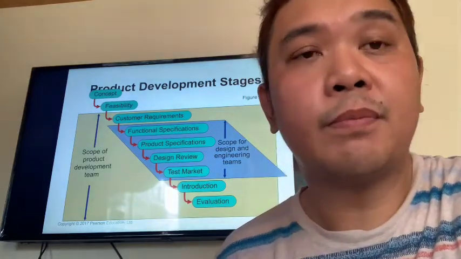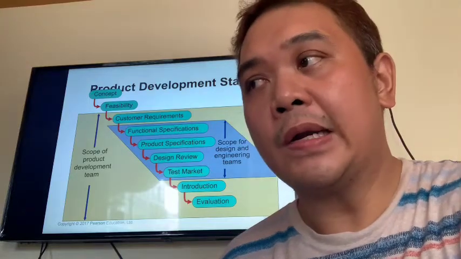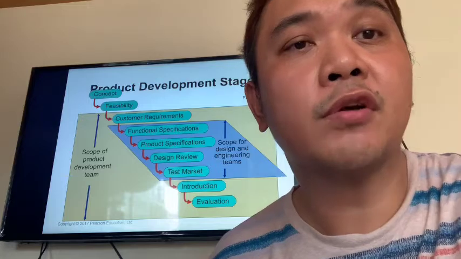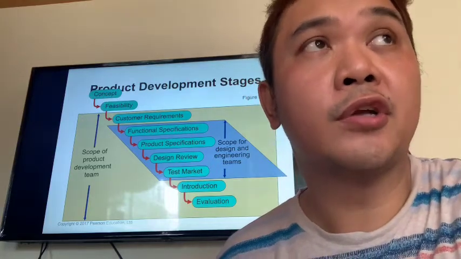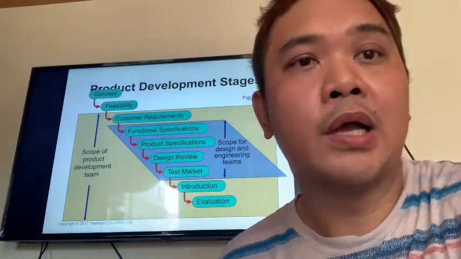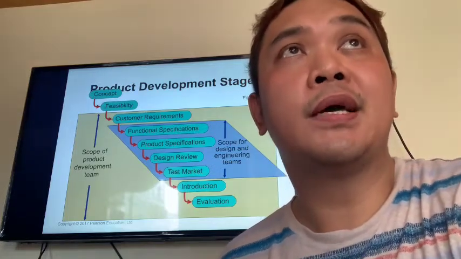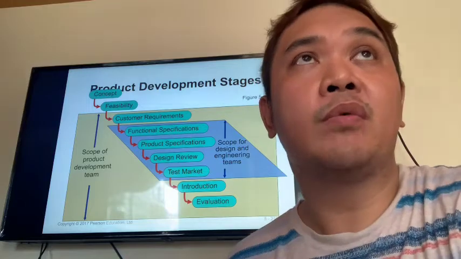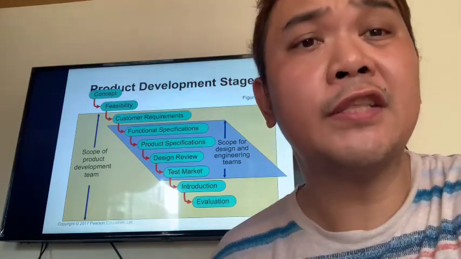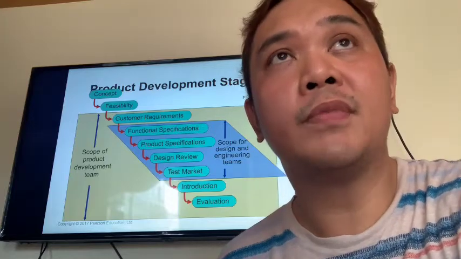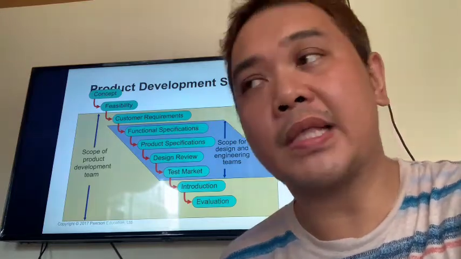And then after feasibility study, you're ready to list down the different requirements of your customers. So what your customers want, how will your product look, what's the size, what's the different features. These are done through your listing down of customer requirements.